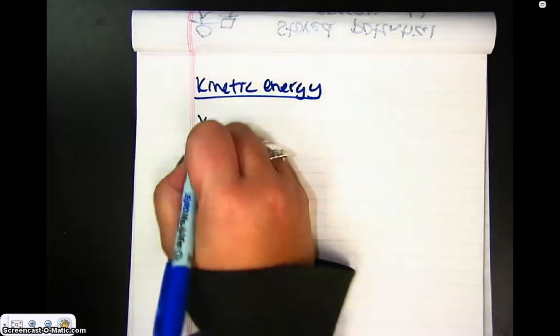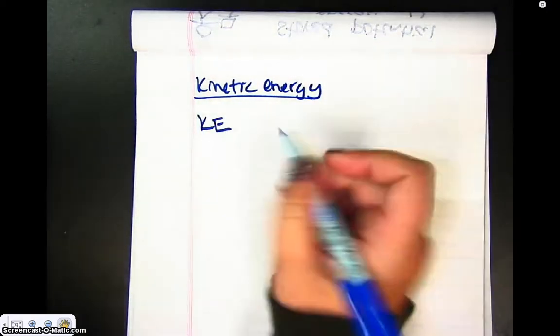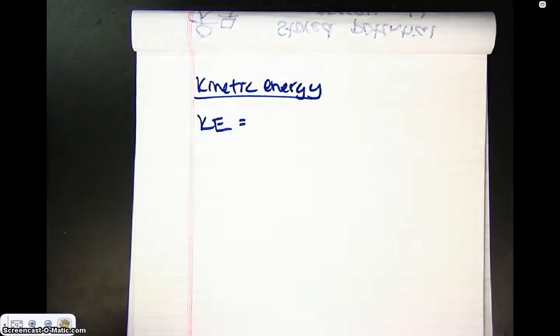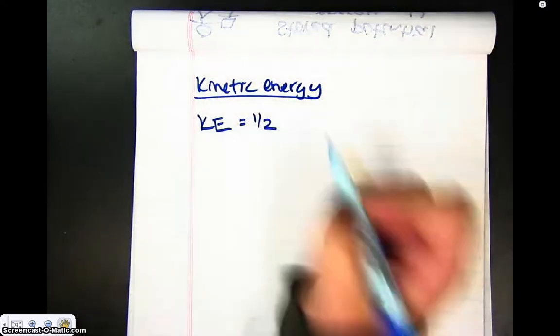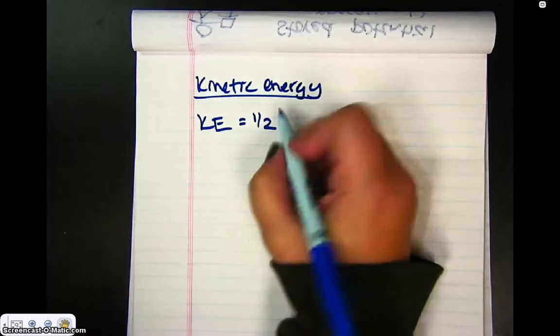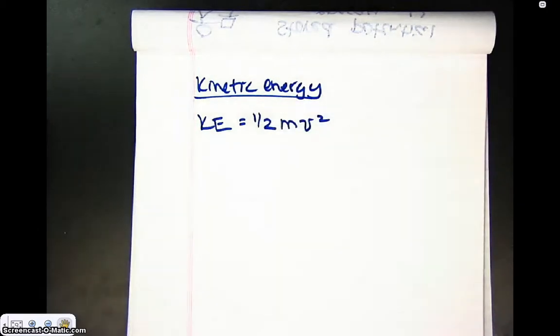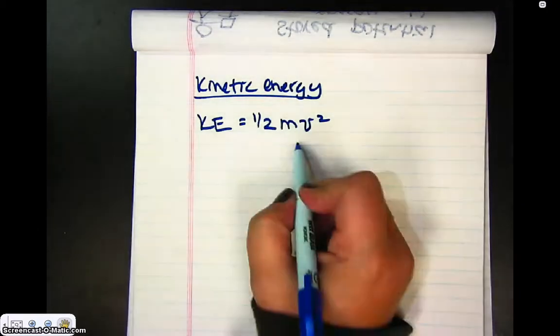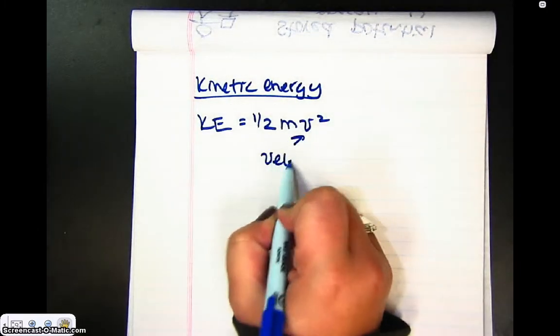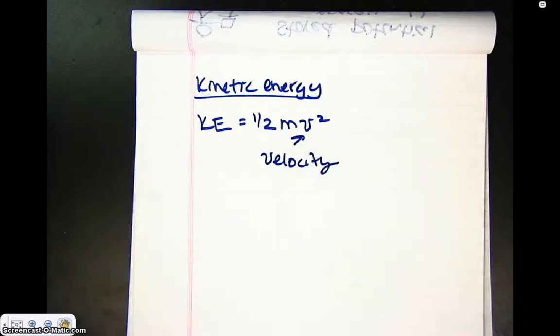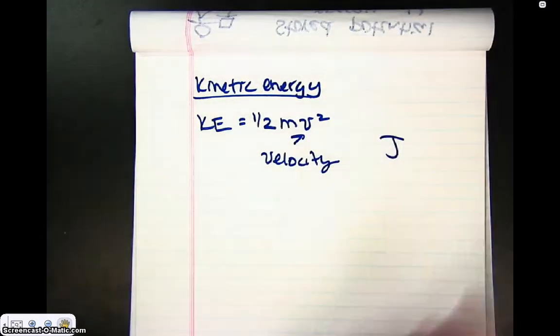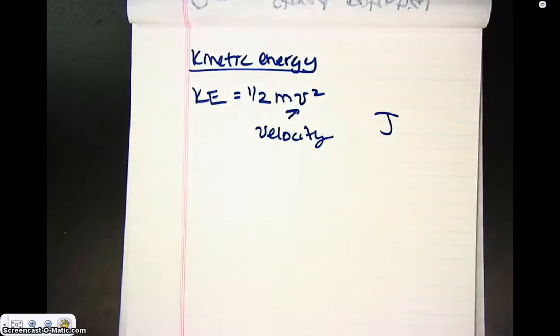So kinetic energy, which we write as KE, is equal to, and it's relative to the motion of the object, 1/2 mv squared. The mass of the object plays a role, and v is the velocity. Again, units are in joules. These are all energy units.